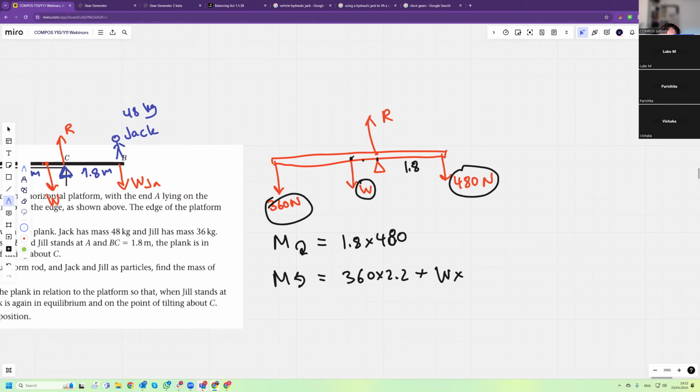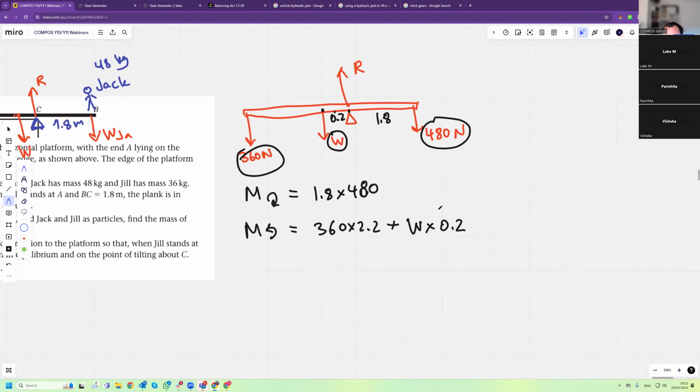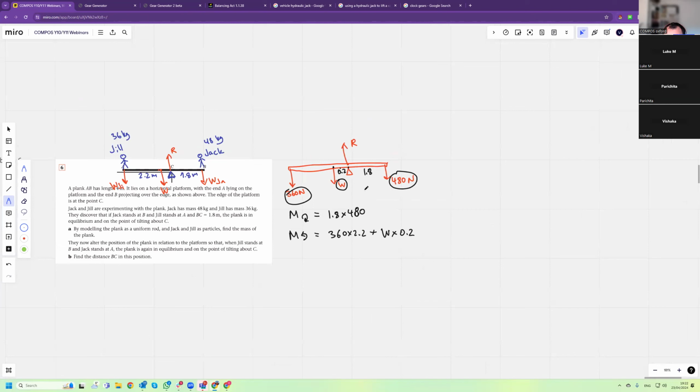It's in the middle of the plank, so it's 0.2 meters. And the reaction force doesn't produce a moment. The reaction force is at the pivot. The distance from the pivot is therefore 0. It produces no moment.